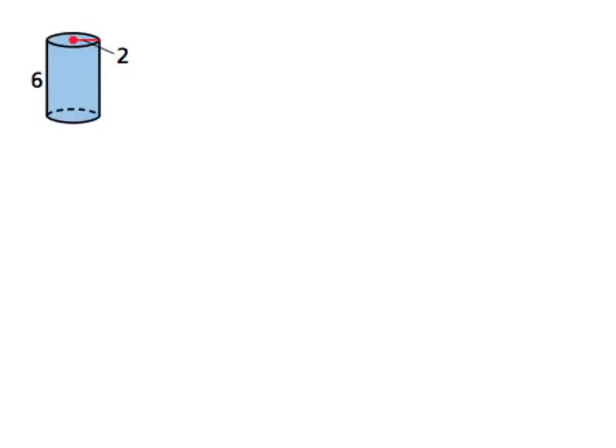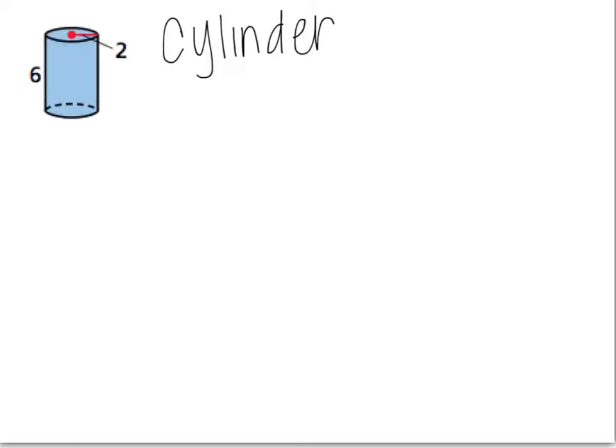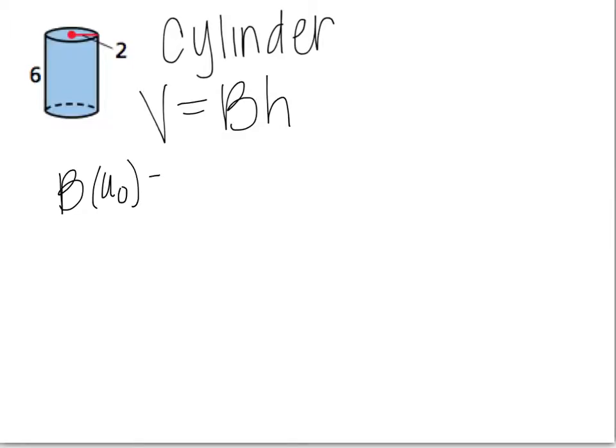Now we're going to try a cylinder. This object is an example of a cylinder. To find volume, again, I'm going to do base times the height. But the base here, I need to find the area of my base, and my base in a cylinder is a circle. So I need to find the area of a circle, which is r squared times pi.